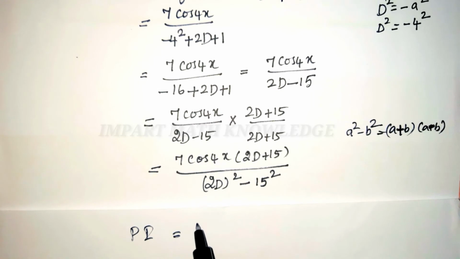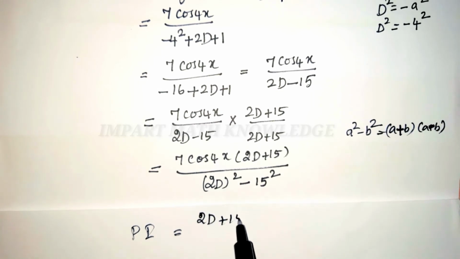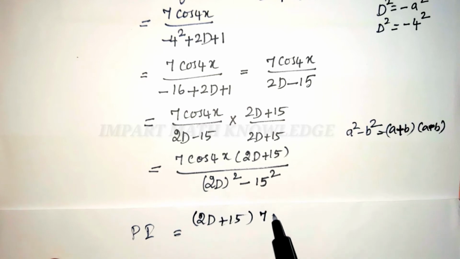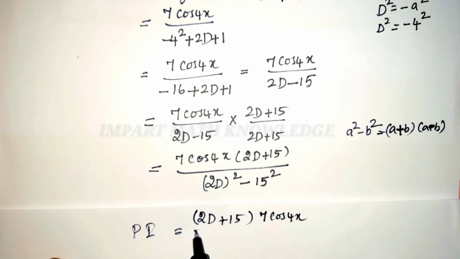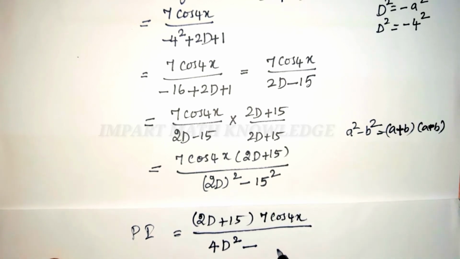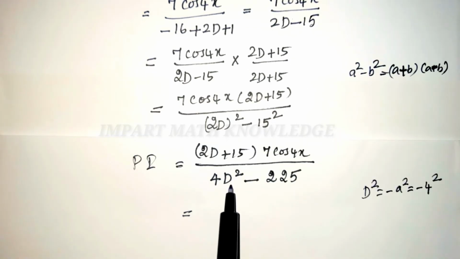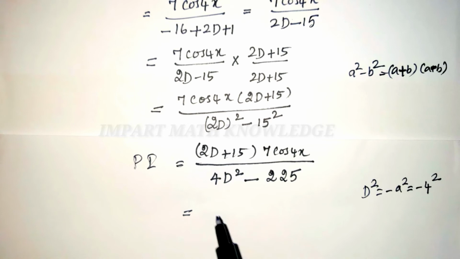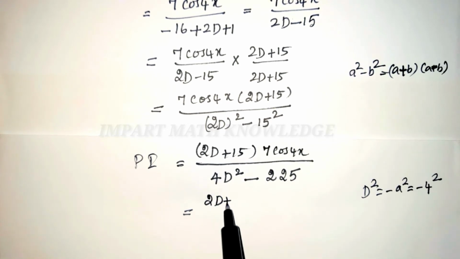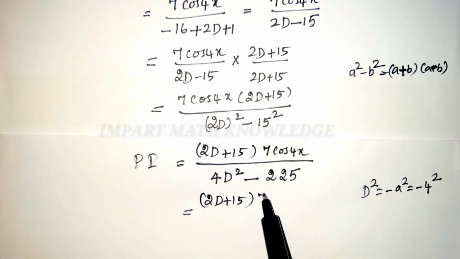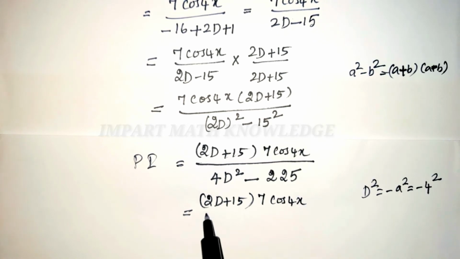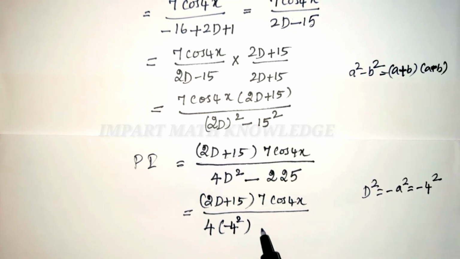Particular integral is (2D + 15) 7 cos 4x by (4D² − 15²), which is 225. Again replace D² by −a², that is −4². So (2D + 15) 7 cos 4x by (4 − 4² − 225).